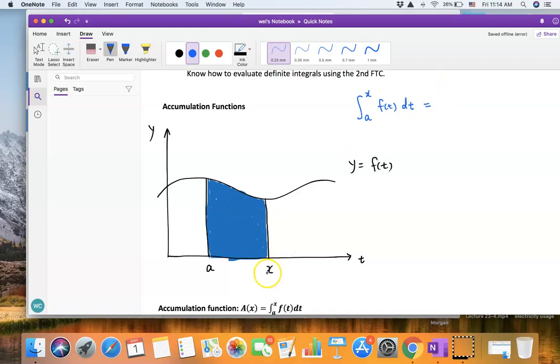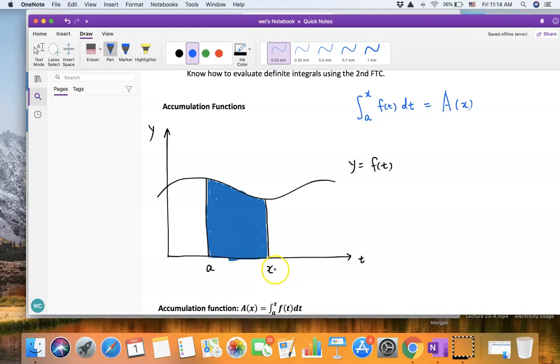Because now this answer is not a number. Why? Because x is changing. So I call that a function, and this is the accumulation function. The function value depends on x.